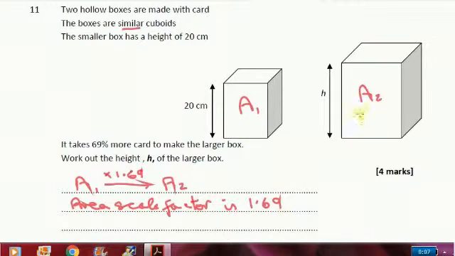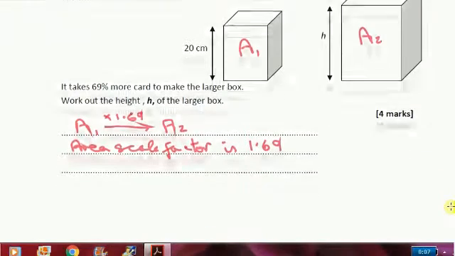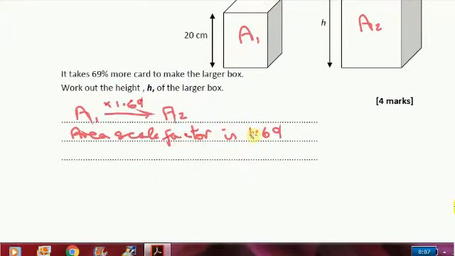But if I know the area scale factor, I can work back to the linear scale factor, of what happens to the lengths, the linear scale factor. The linear scale factor is just the square root of 1.69 or 1.3.